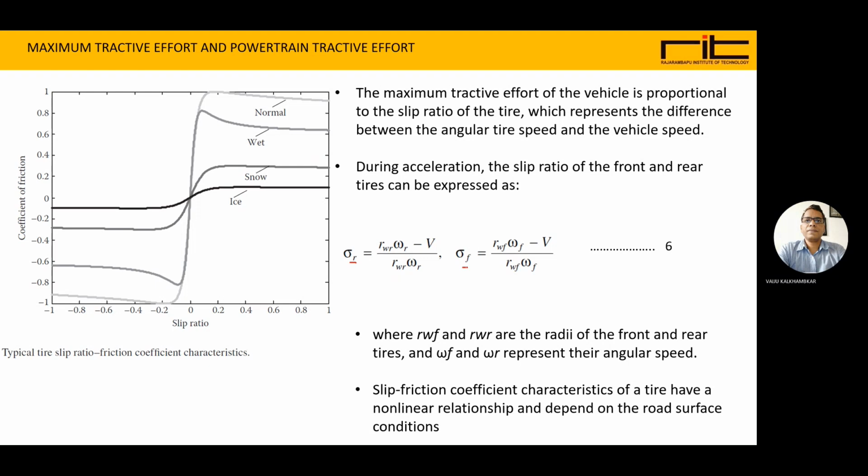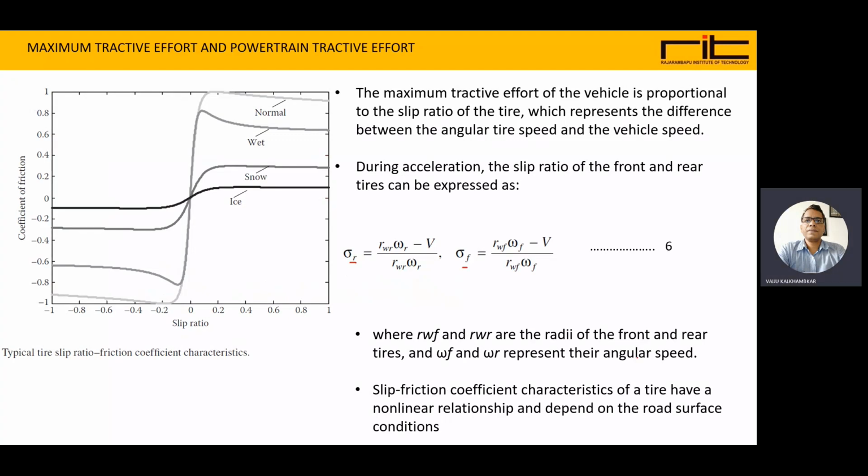For the front, rho f is equal to (r_wf omega f minus v) divided by (r_wf omega f), where r_wf and r_wr are the radii of the front and rear tires, and omega f and omega r are the angular speeds of the front and rear wheels.